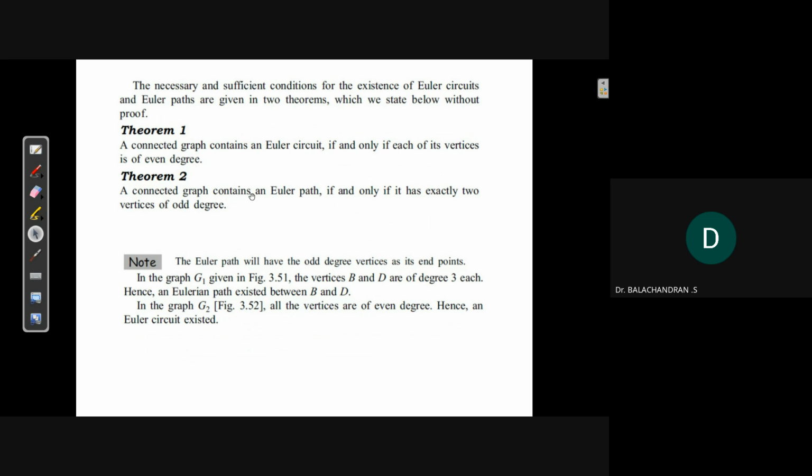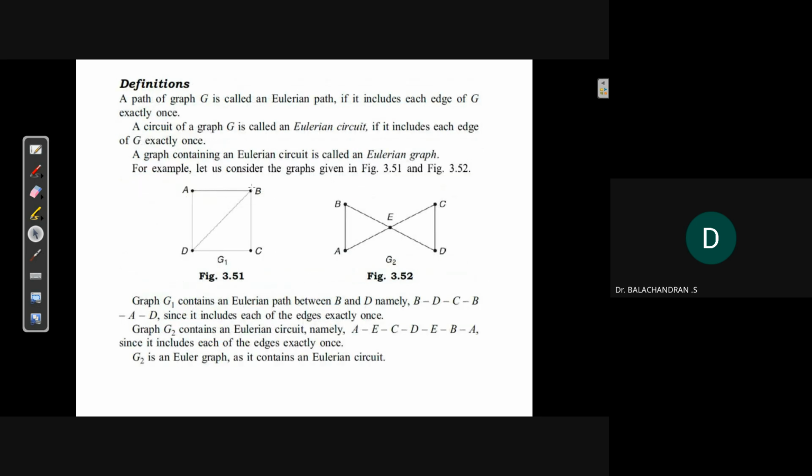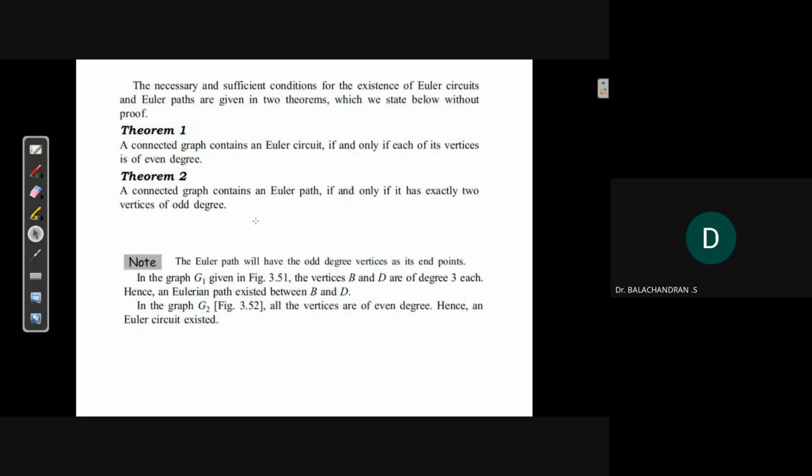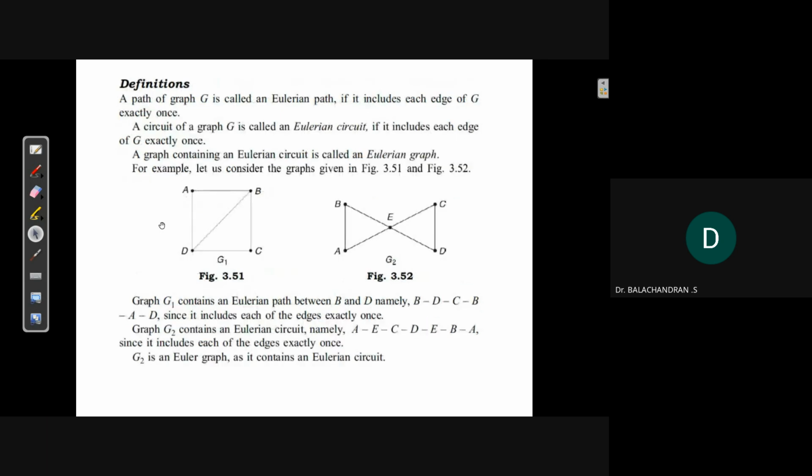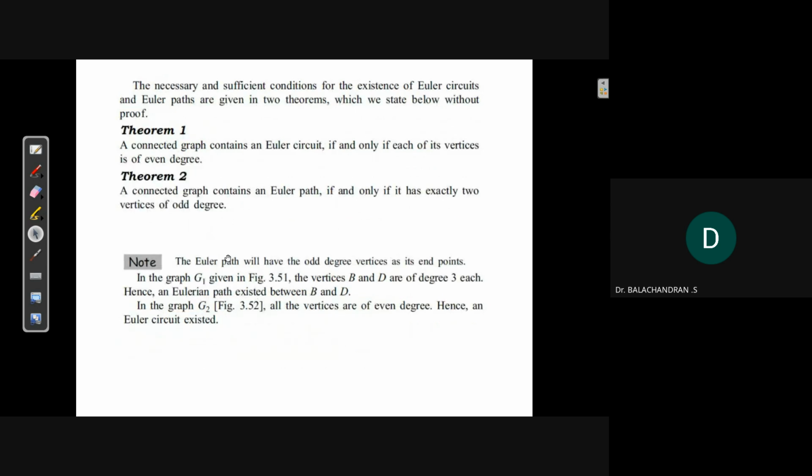Next, a connected graph contains an Eulerian path if and only if it has exactly two vertices of odd degree. Look at this one: the degrees are 2, 2, 3, 3. So this graph contains exactly two vertices of odd degree, hence an Eulerian path. The Euler path will have the odd degree vertices as its endpoints.